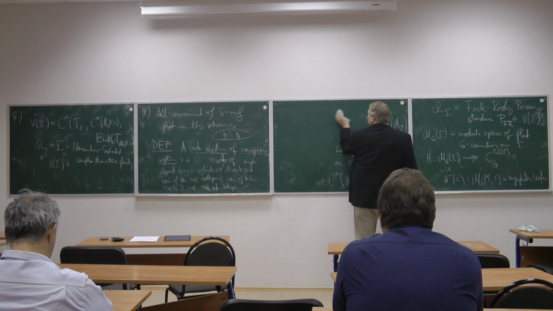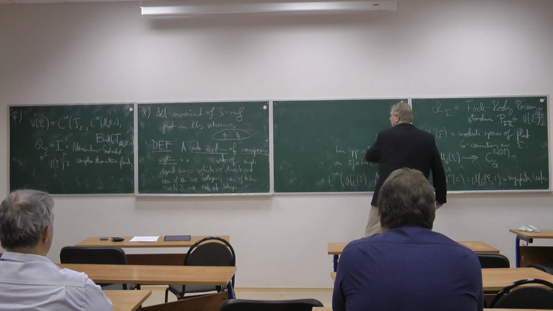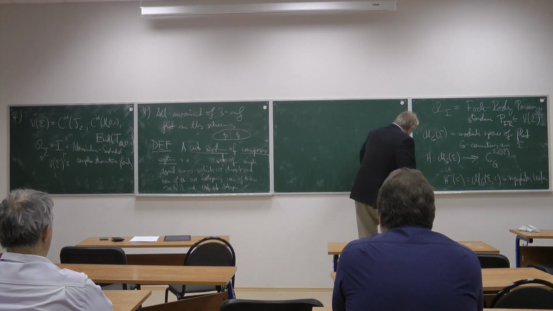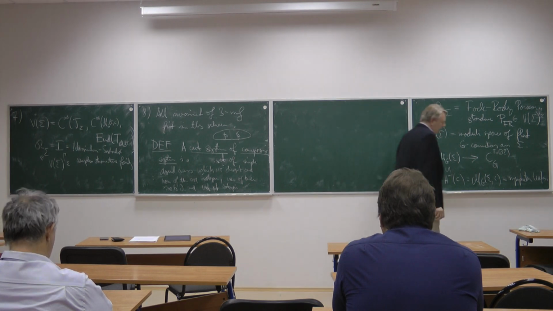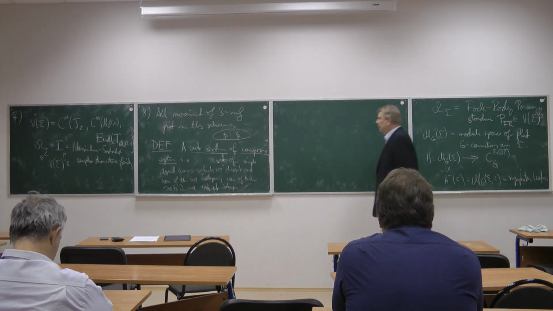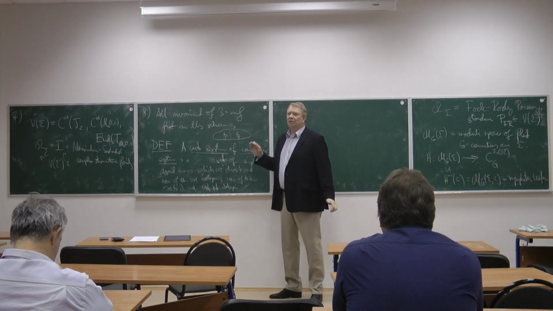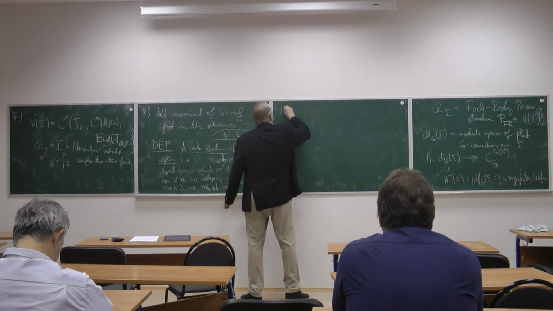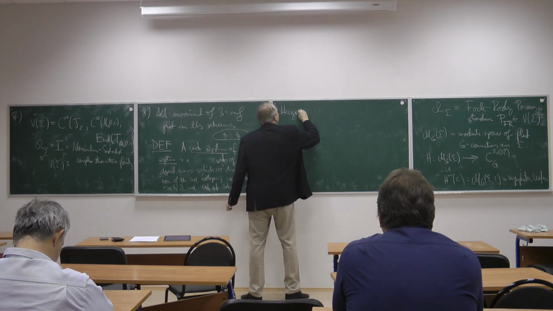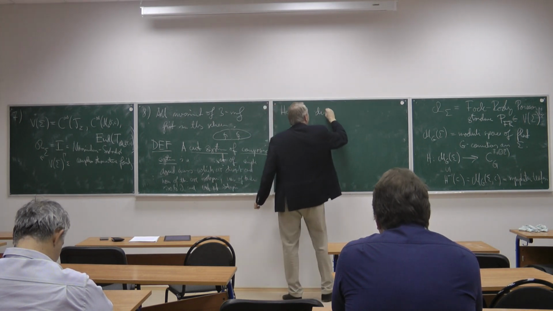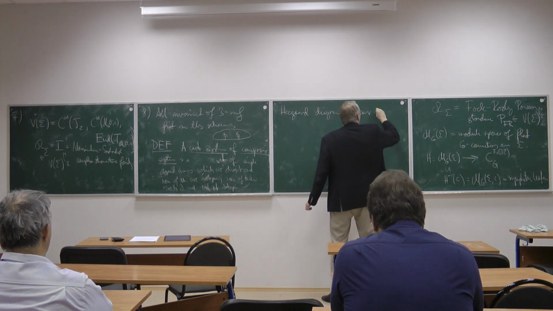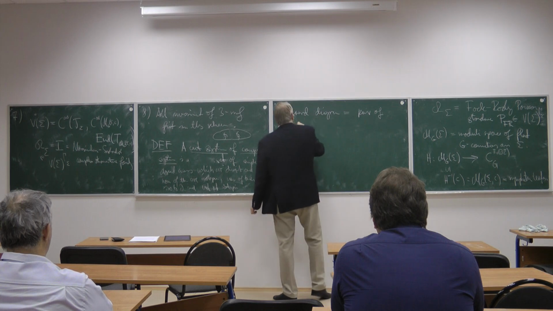Because Heegaard diagrams are pairs of such systems. Okay? Because they specify how I fill in the surface with handlebodies. Okay, so a Heegaard diagram, so the definition continues. Heegaard diagram, this is a pair of compression systems.